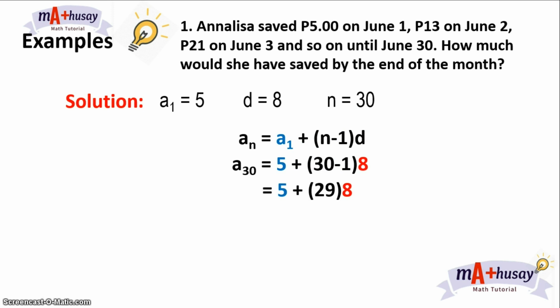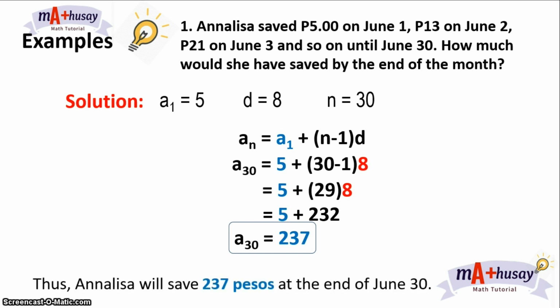So, we have 5 plus 29 times 8. Now, 29 times 8 is 232. Adding 232 with 5, you have 237. So, on June 30, Annalisa will save 237 pesos.